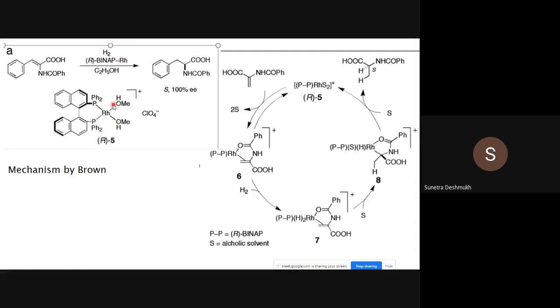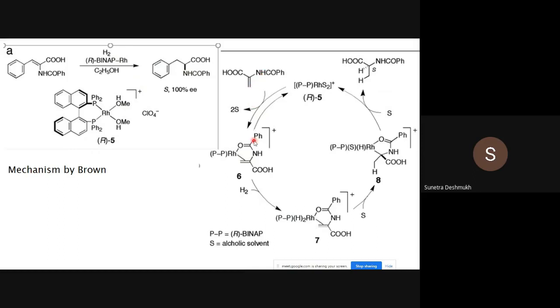So this is the catalyst, and the final product will be this one. Okay, so the mechanism goes like this. The catalyst is here, and then the olefinic compound is added. Then there is complex formation between the rhodium catalyst and the starting material.